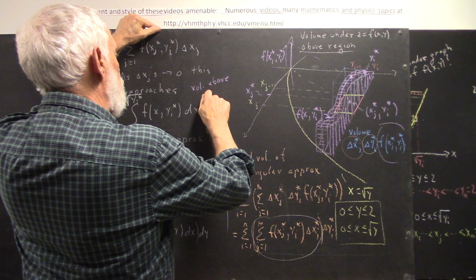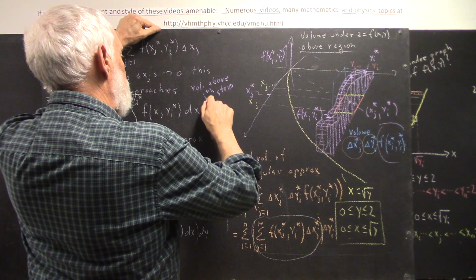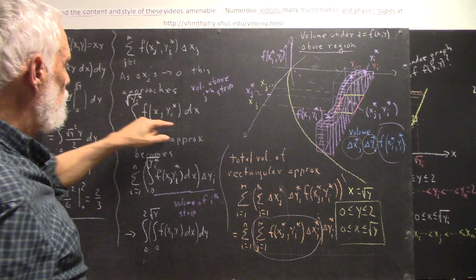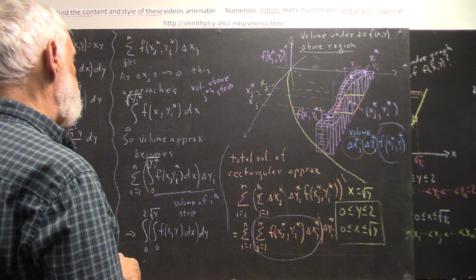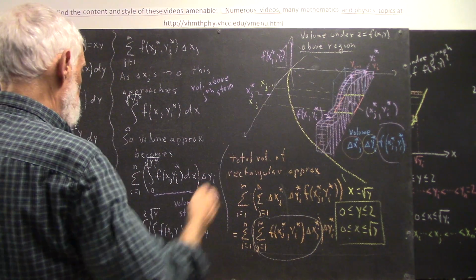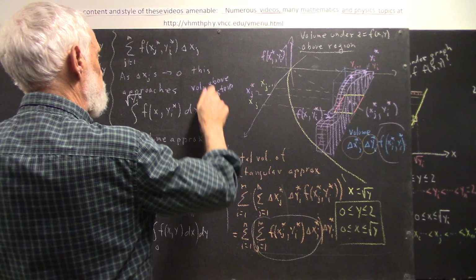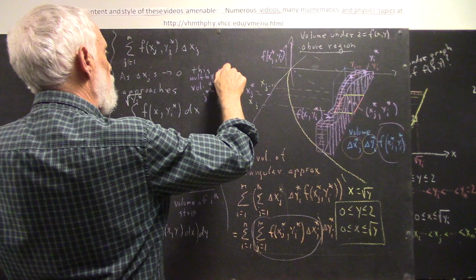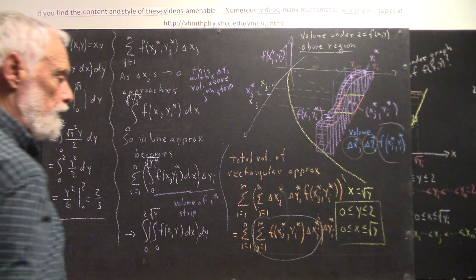So this is the volume above the ith strip. Now, if we multiply this by delta y sub i, we get the volume of that strip.